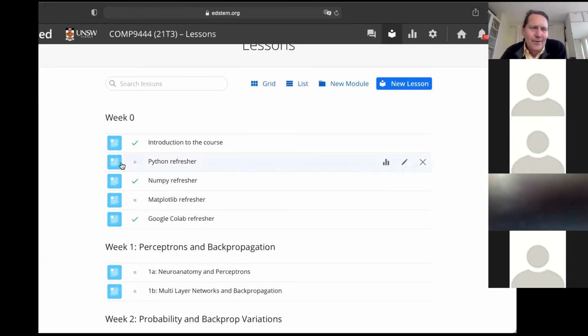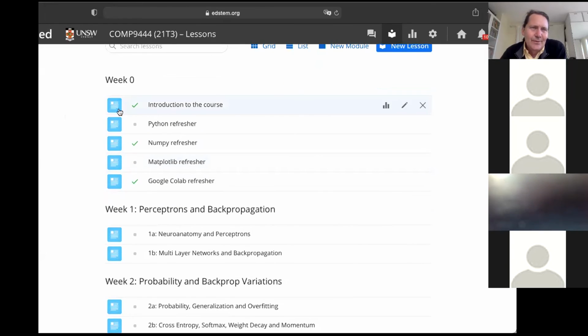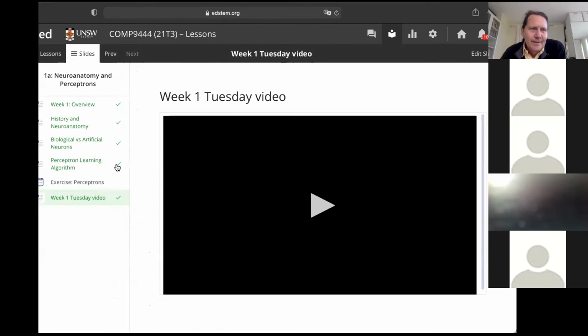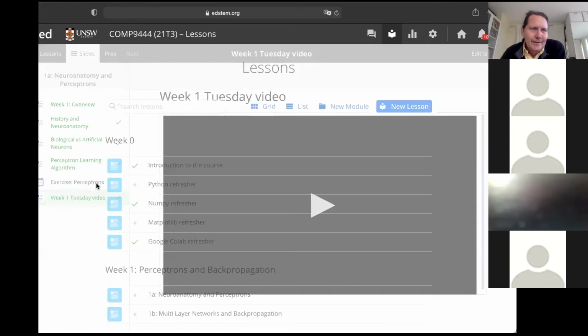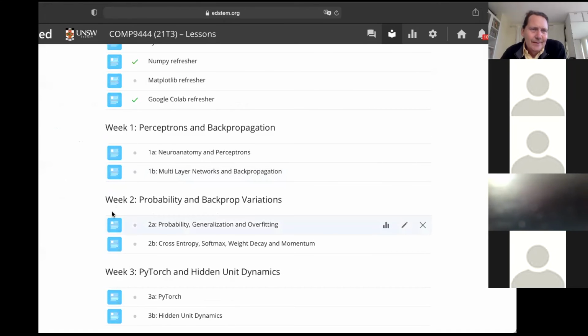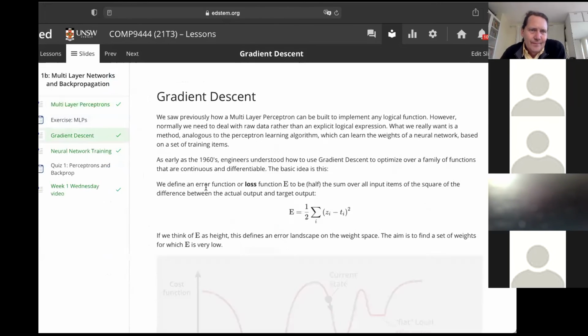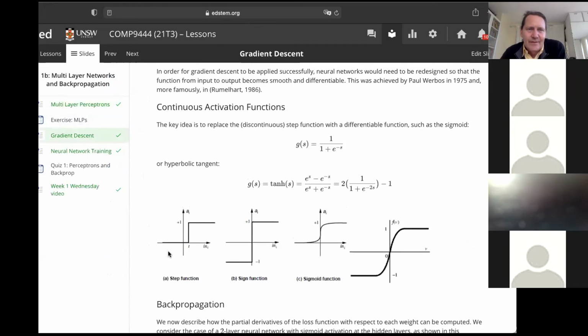Now, if you actually look at what happens in the brain, these activation functions were meant to crudely model what happens there. The brain is much more complicated.